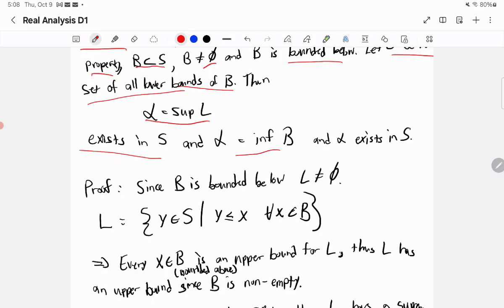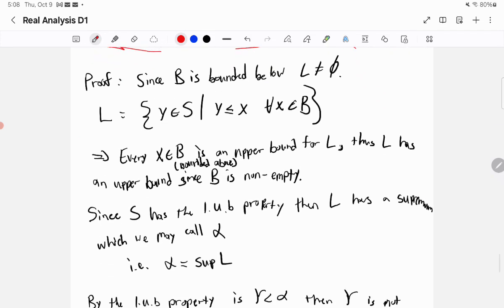And furthermore, alpha, that least upper bound of L, is also the greatest lower bound of B. It's the infimum of B, and furthermore, alpha exists in S. Well, obviously, we already said alpha exists in S, so that'll also be trivial to prove once we've proven this part. Okay, so let's do the proof.